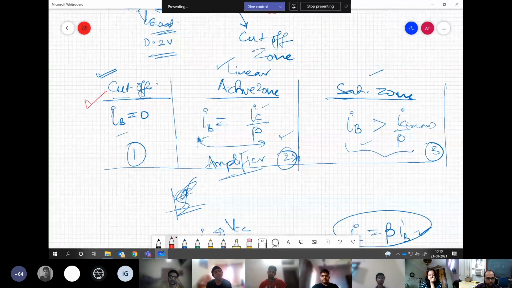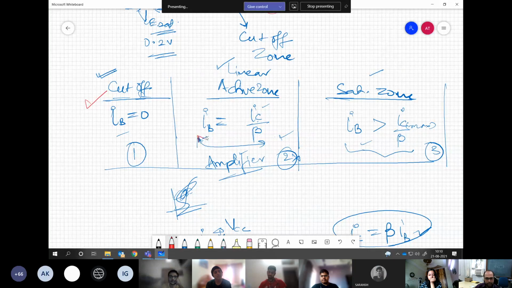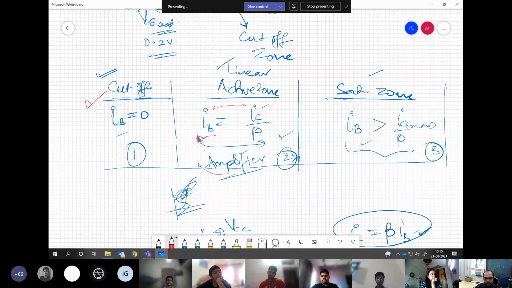That is the first zone where the device operates. Then if we maintain the base current in such a manner that it's not very high and it follows this relationship IB = IC/beta, this is where it operates in the linear zone or active zone, which is where most of the amplifiers and all these things operate.